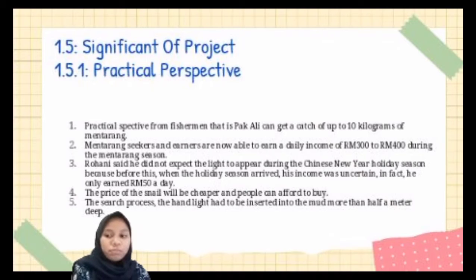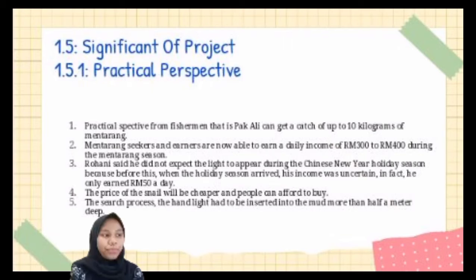Rohani said he did not expect the light to appear during the Chinese New Year holiday season, because before this, when the holiday season arrived, his income was uncertain. In fact, he only earned 50 ringgit a day.